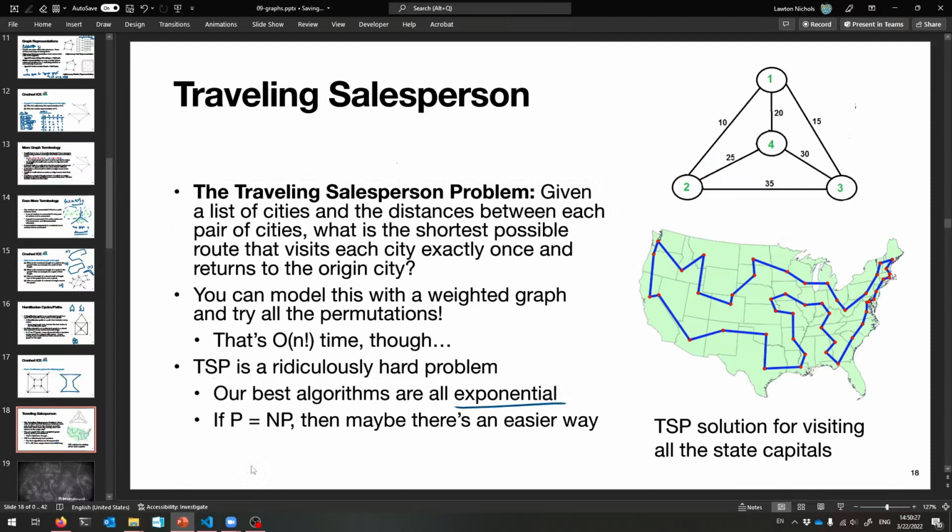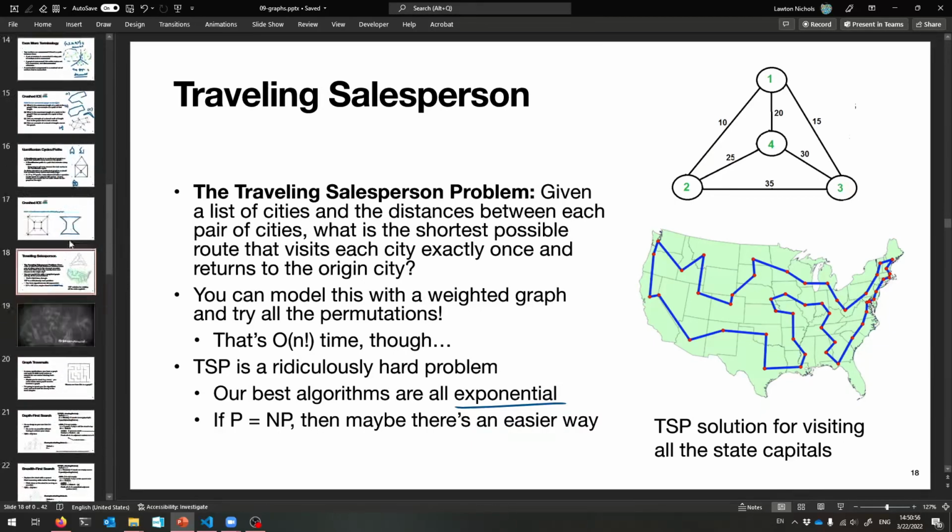That's a very hard problem. We haven't proved that it's any easier. If you've heard about this, if P is equal to NP, then maybe there's a secret to solving this traveling salesperson problem in a very quick way, but nobody has found it yet. And so all signs are pointing to it being a very hard problem for all eternity. So that's kind of cool. So that's a very difficult problem that we can now express with our knowledge of graphs and graph theory.